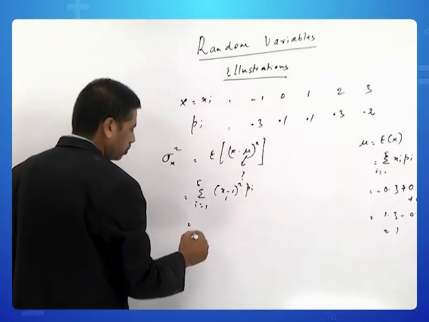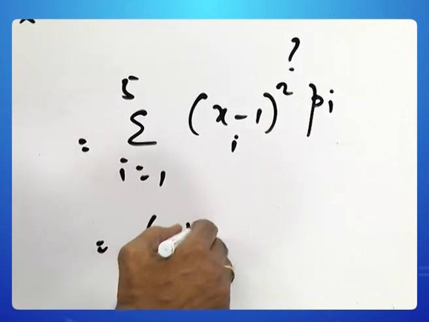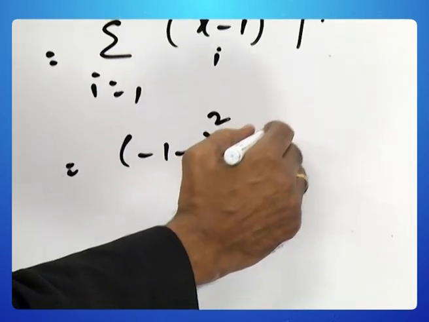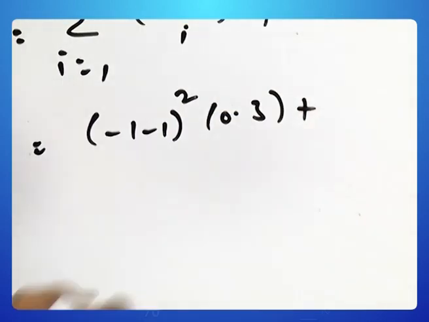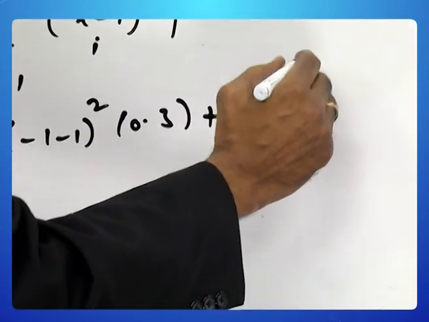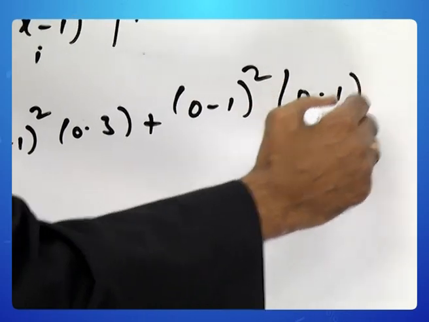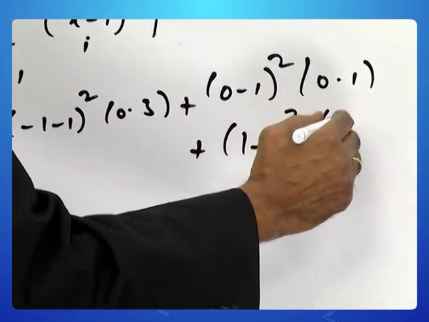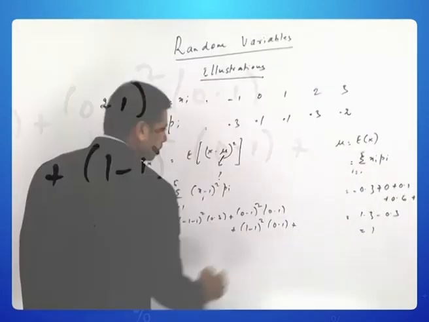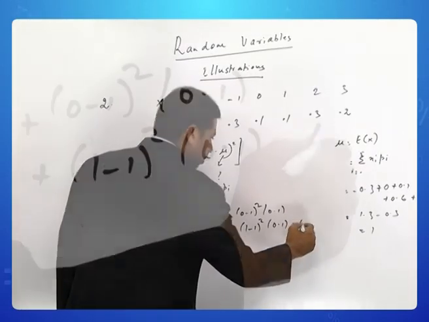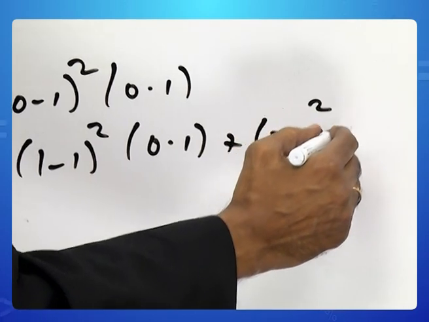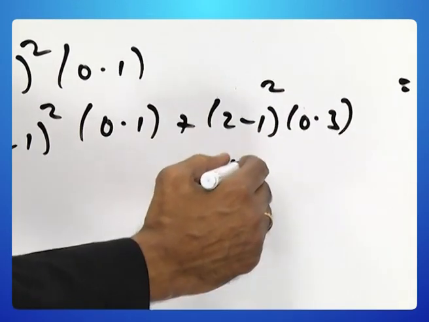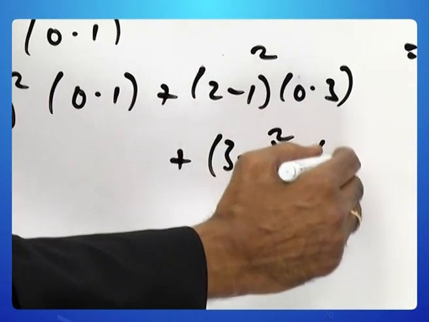For example, this will be -1 minus 1 whole squared into 0.3, plus 0 minus 1 whole squared into 0.1, plus 1 minus 1 whole squared into 0.1, plus 2 minus 1 whole squared into 0.3, plus 3 minus 1 whole squared into 0.2.